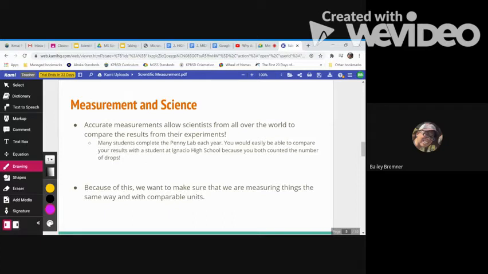You could say, this is what I got for my lab results. What did you get? Since you're both measuring a number of drops, you could discuss those and they would make sense. Because of that, we want to make sure that we're measuring things the same way. We also want to make sure we're using the same units.